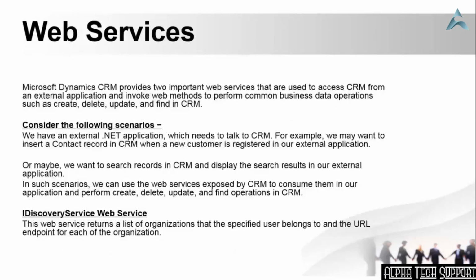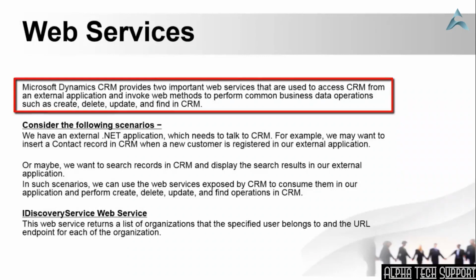Let's look at the web services used in CRM. Microsoft Dynamics CRM provides two important web services that are used to access CRM from an external application and invoke web methods to perform common business data operations such as create, delete, update, and find in CRM.